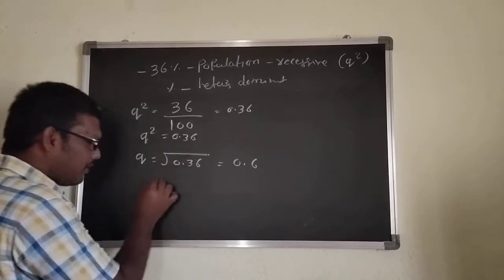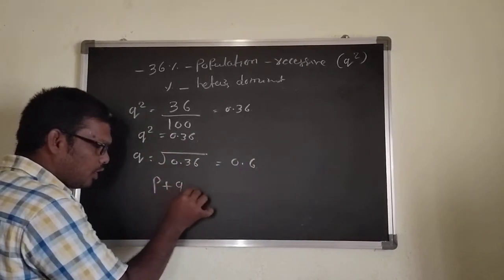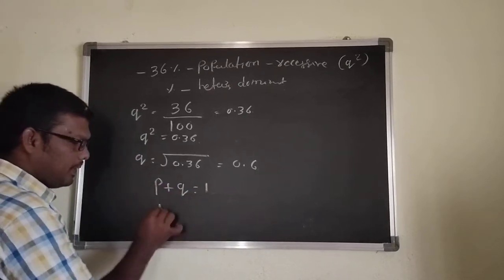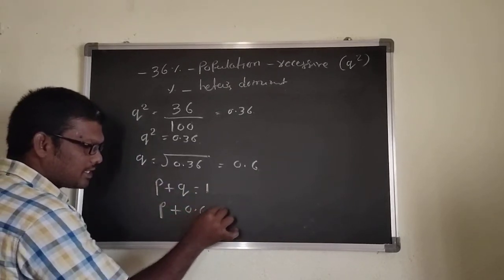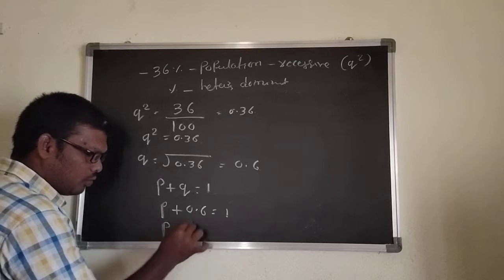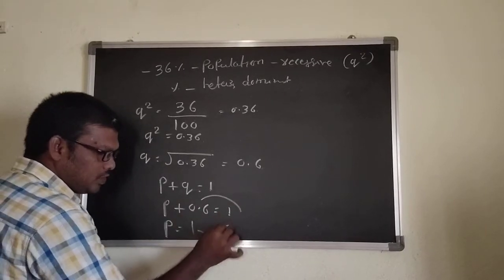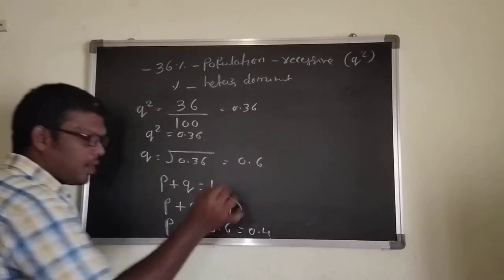Now you know, very familiar, p plus q equals 1. p plus 0.6 equals 1, p equals 1 minus 0.6, you get 0.4.